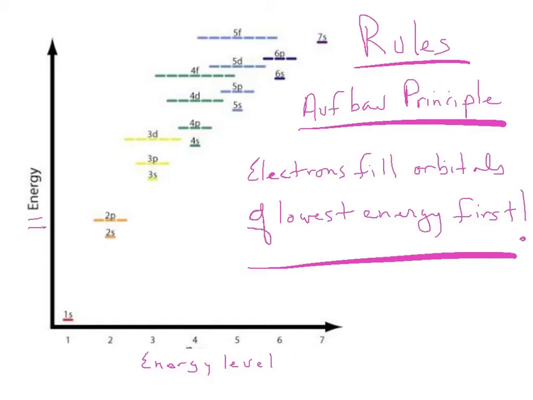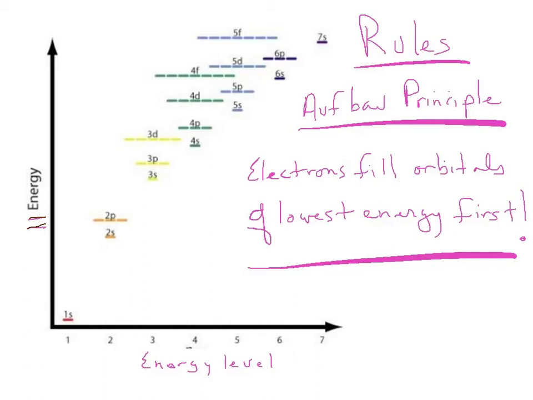We have rules. The rule that you probably need to understand first is the Aufbau principle. The Aufbau principle says that electrons are going to fill orbitals of lowest energy first, and that's what you see from this diagram. I've got energy on the side here, and the first sublevel that fills is 1s, then 2s, 2p, 3s, 3p, 3d, 4s, 4p, 4d, 4f.